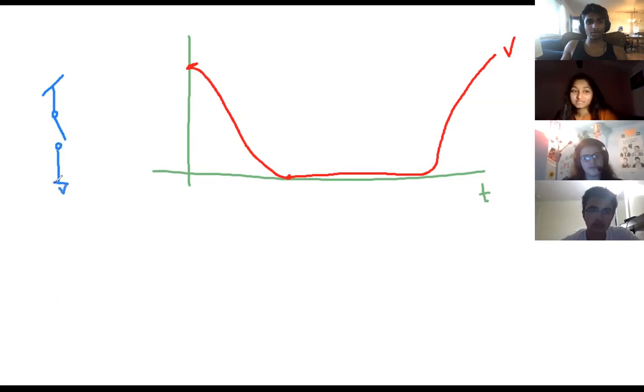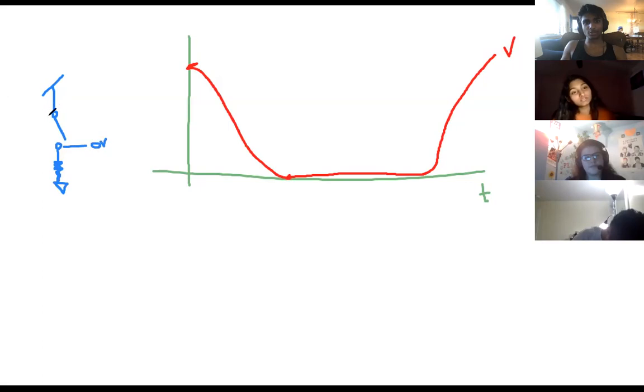Yep. Let me just draw this here. Very simple circuit. Let's say this is 5 volts and this is ground. So these are not connected. Actually, let me add a resistor for this to make more sense. Since this value is floating and there's no potential difference across this resistor, this value is 0 volts.